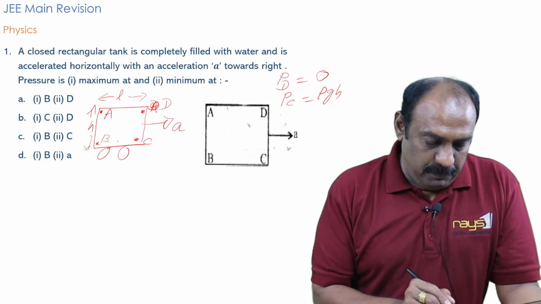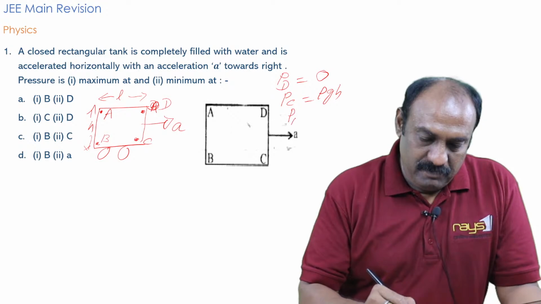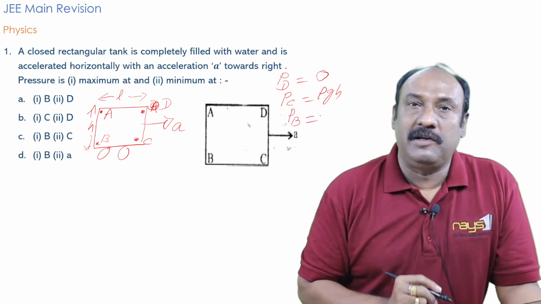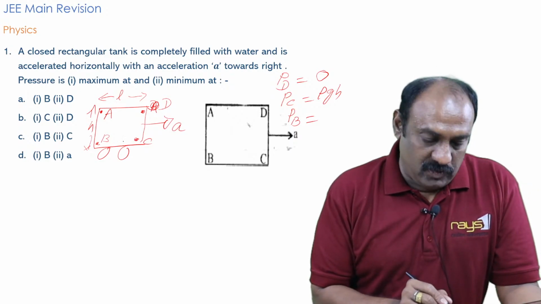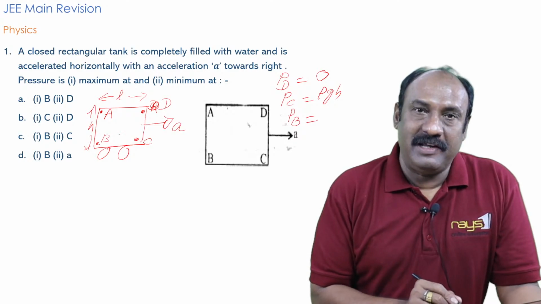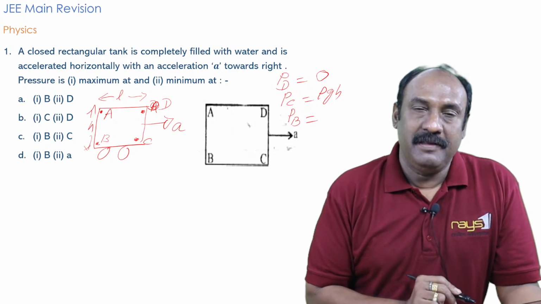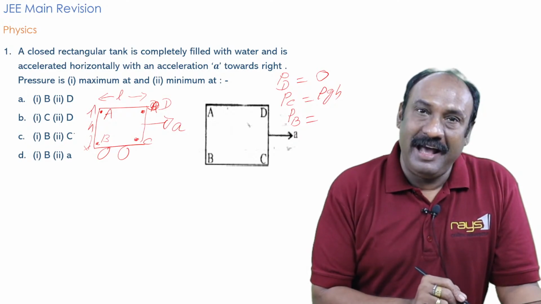And the pressure at point B is equal to the pressure due to the horizontal layers of the liquid column of length L, plus the pressure due to the vertical column of liquid of length h.